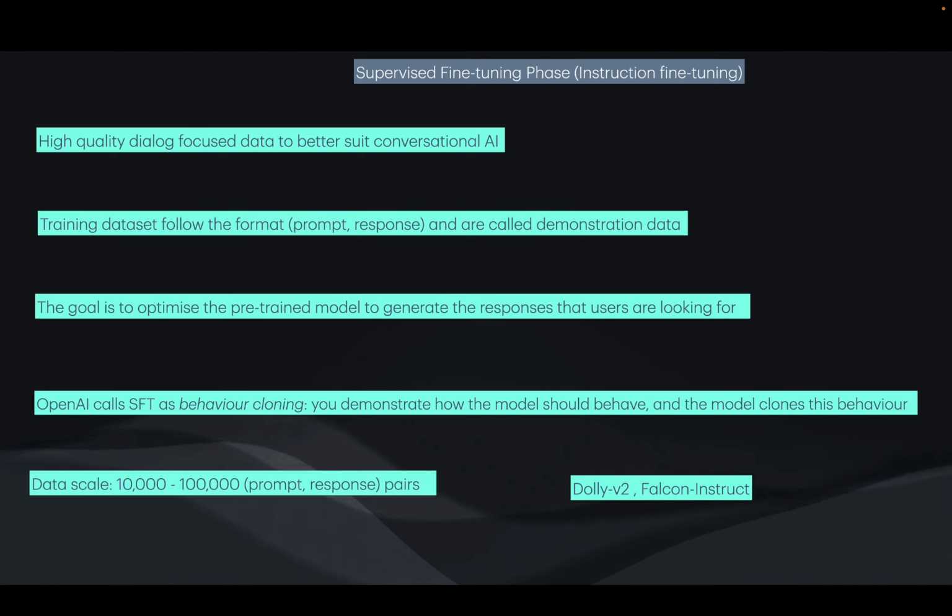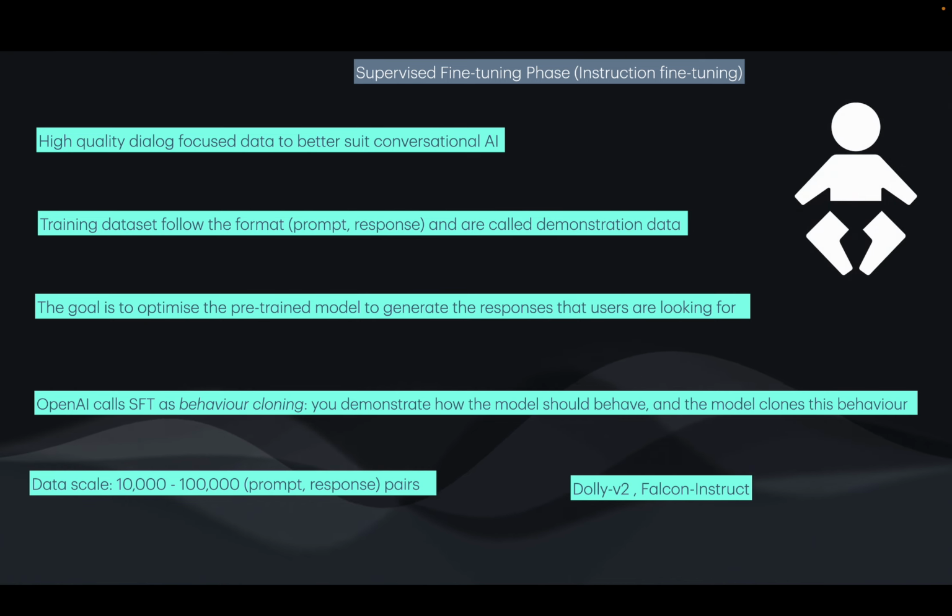We started with a data set which spans a trillion tokens, and now we are reducing that and passing a high quality data set to the model which scales to 10,000 to 100,000 prompt response pairs, and we expect that the model will excel at the conversational AI task, right? So now we can say that we started with an untamed dinosaur.